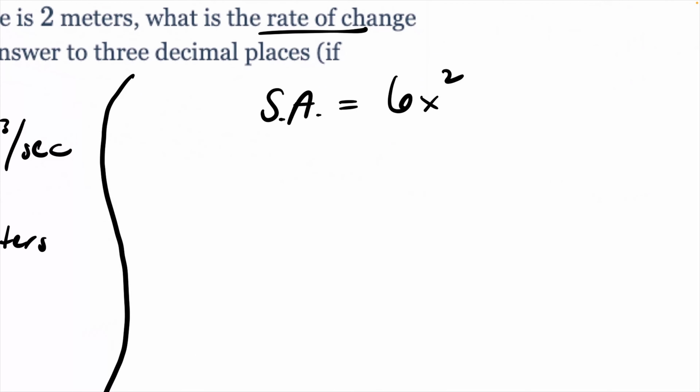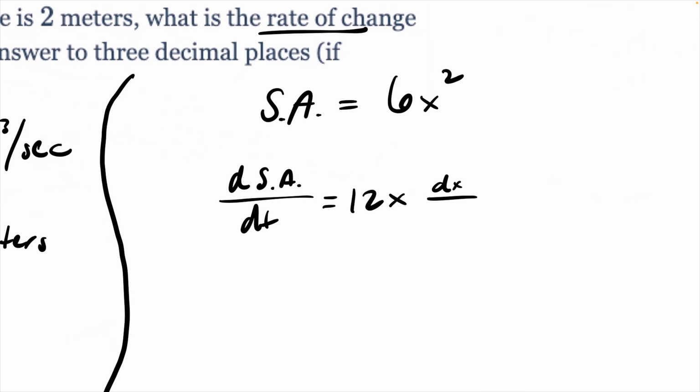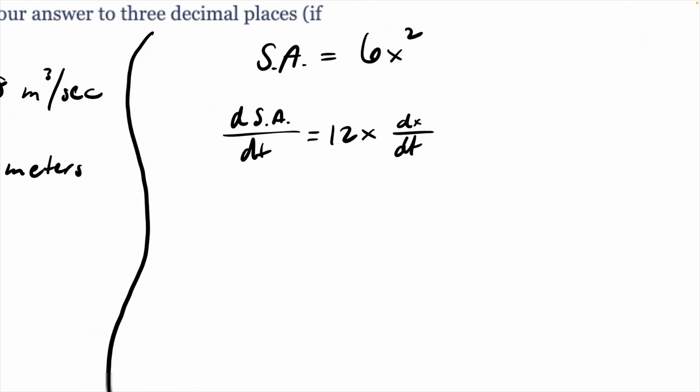Derivative. dSA over dt equals 12x dx over dt. D surface area over dt, I don't have. That's what I'm trying to find, so it makes sense I don't have it. 12x dx over dt.